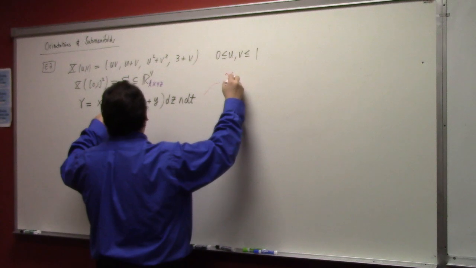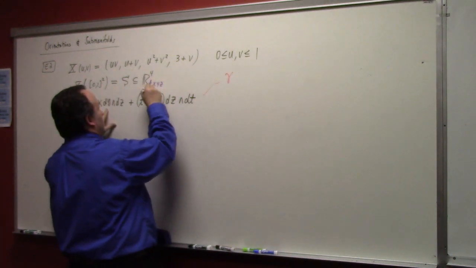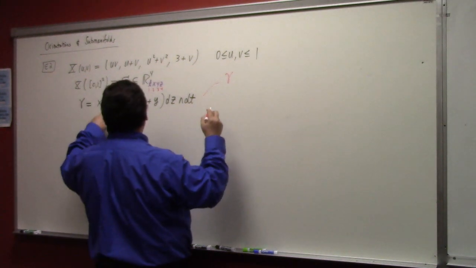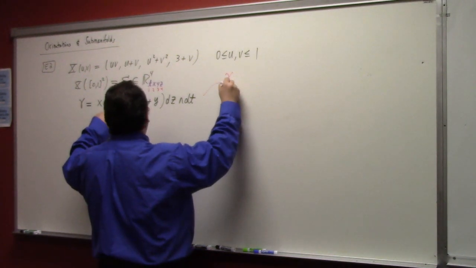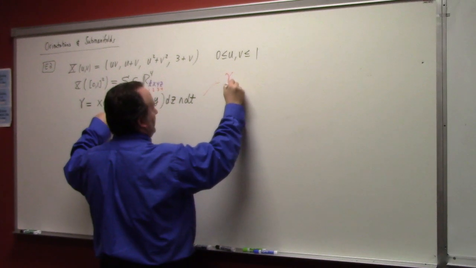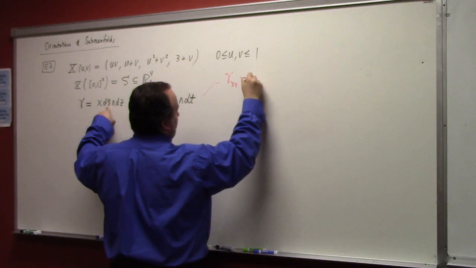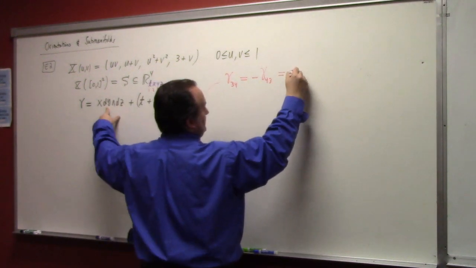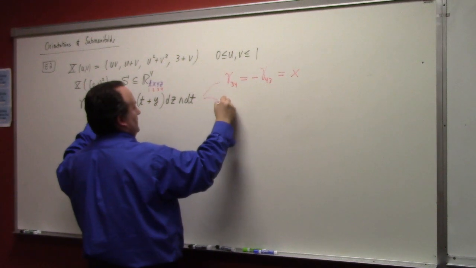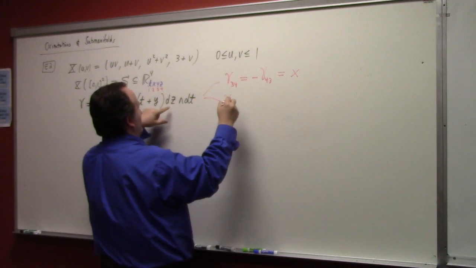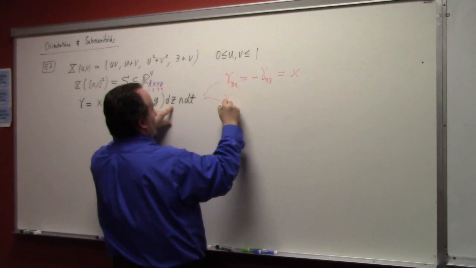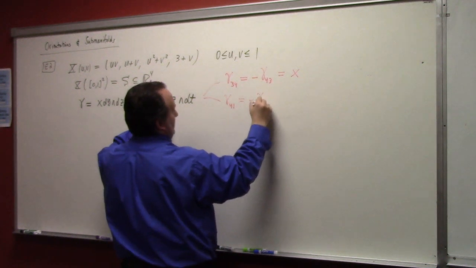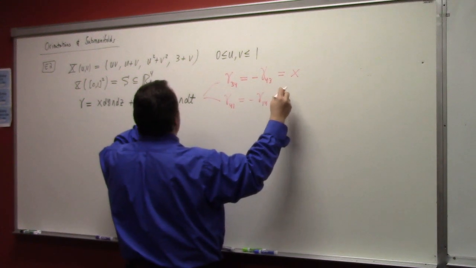Gamma, let's see, so this is 1, 2, 3, 4, if I'm enumerating that way. So this has a non-zero 3,4 component, which is equal to minus the 4,3 component, which is equal to x. And also, you've got your gamma 4,1 component, which is minus your gamma 1,4 component, which is t plus y.